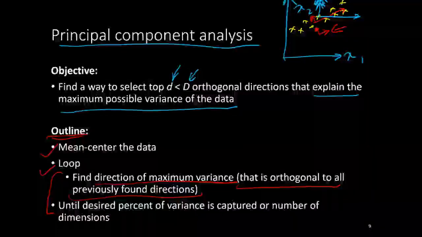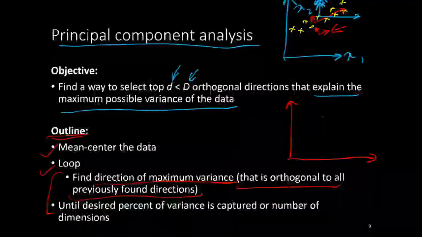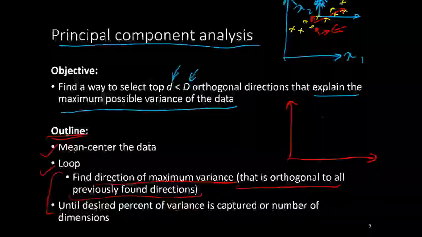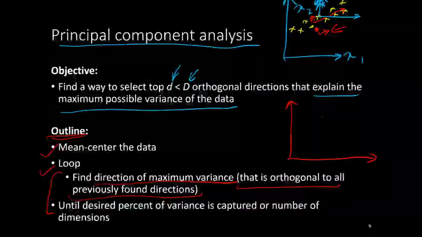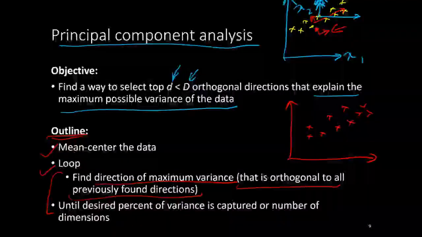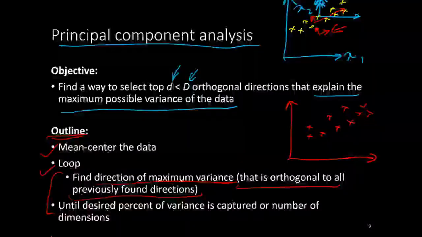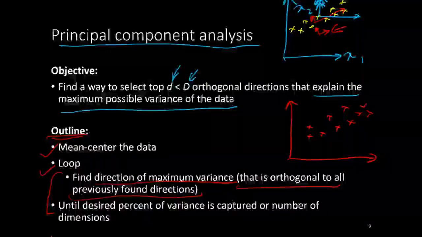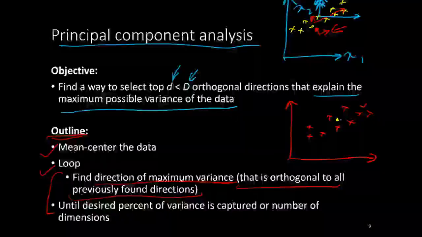So to give you an example, let's say now we have this x1 x2 space, and these are the data points. Now if we think about the center of the data, which is the mean of the data, from there we can have many different directions.